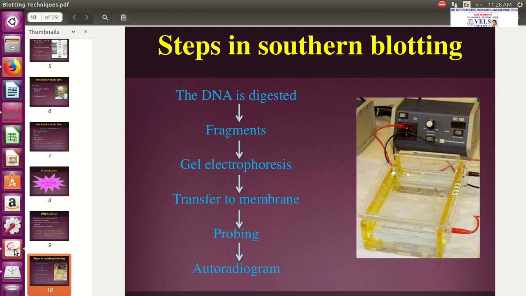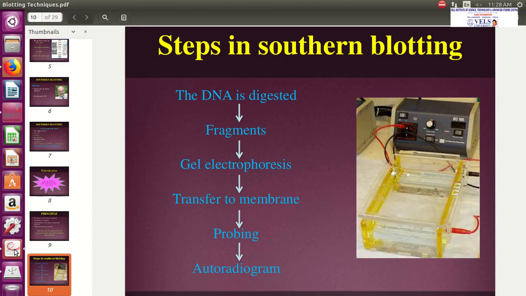The membrane which we use here is nitrocellulose membrane. Then probing. Probing is nothing but we have a single-stranded DNA, then we probe it with another targeted or patient DNA. That is probing. Then finally autoradiograph, which forms double-stranded DNA.